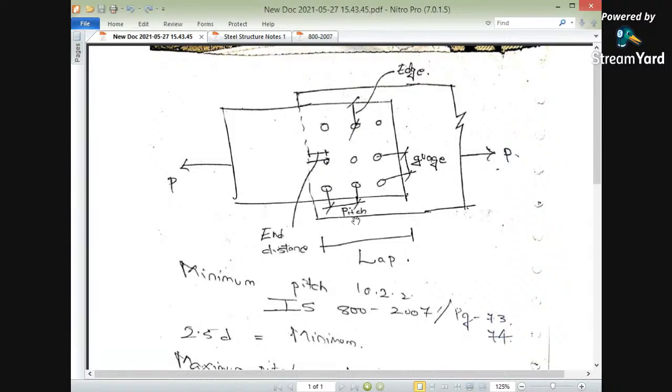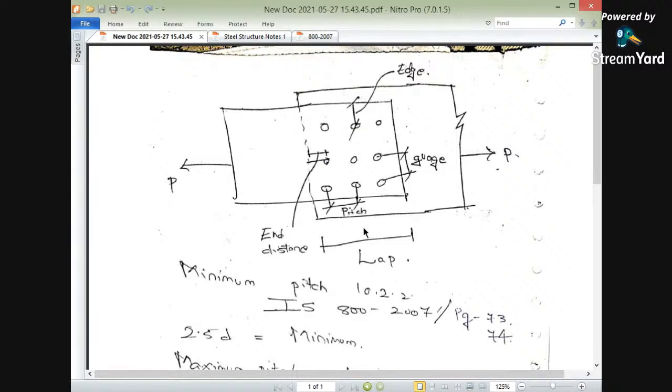So the pitch value is nothing but the distance between two bolts measured along the direction of tensile force. When it is measured perpendicular to the direction of tensile force, it is called the gauge distance. The tensile force is horizontal, but the distance we are measuring is along the y direction, perpendicular to the force.